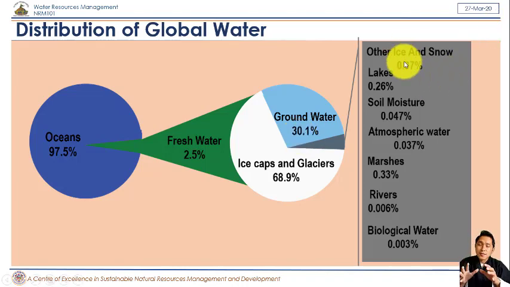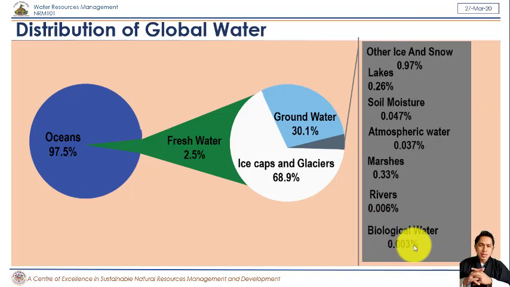That's 0.97 in the form of ice and snow, 2.6% in the form of lakes and all, and some is atmospheric water, just in the atmosphere in the form of vapor, clouds. Some is in marshes, and some is biological water, meaning inside the plants and animals.